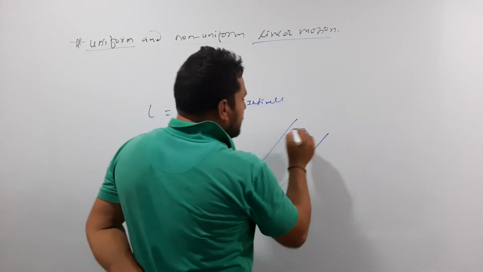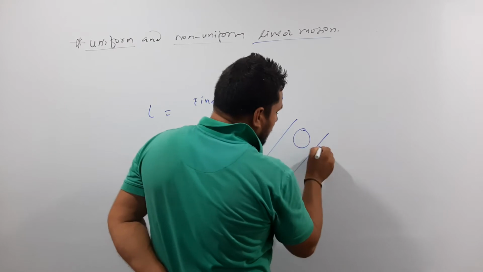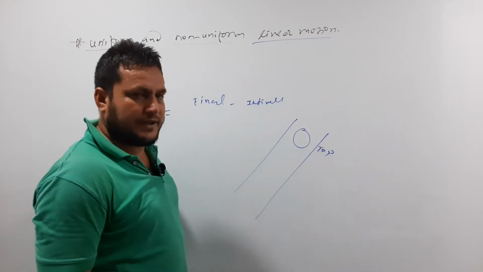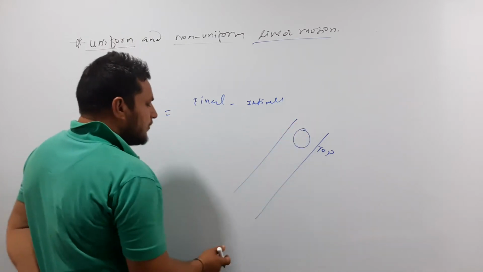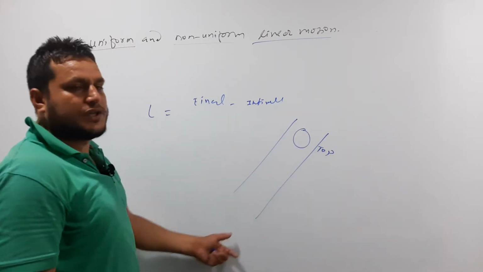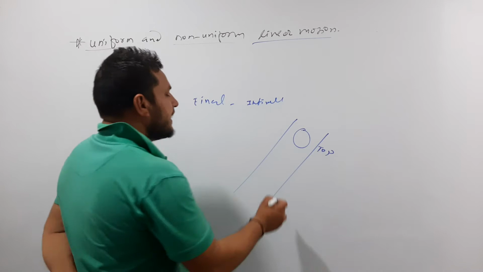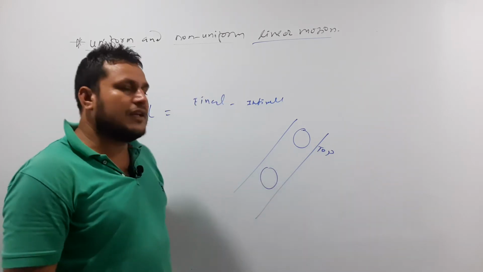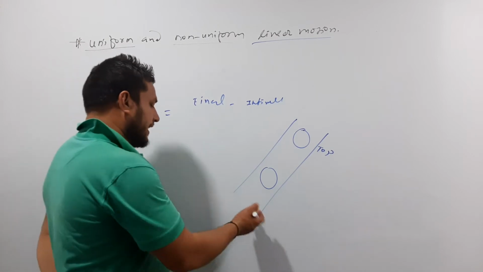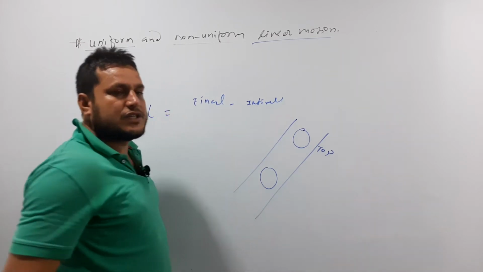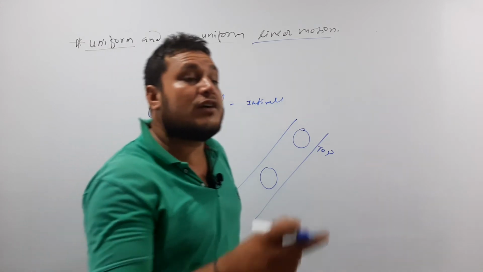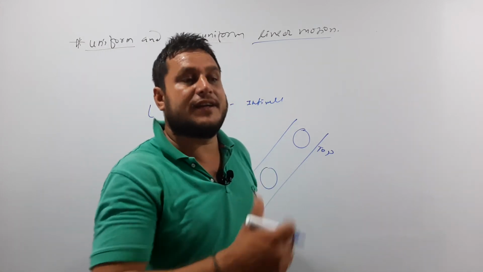The first time we use the top side of that track, release the ball from there, and calculate the time taken to reach the bottom. The second time we release the ball from the middle of the track and calculate the time taken to reach the end of the track. So in both cases the speed of the ball will vary.